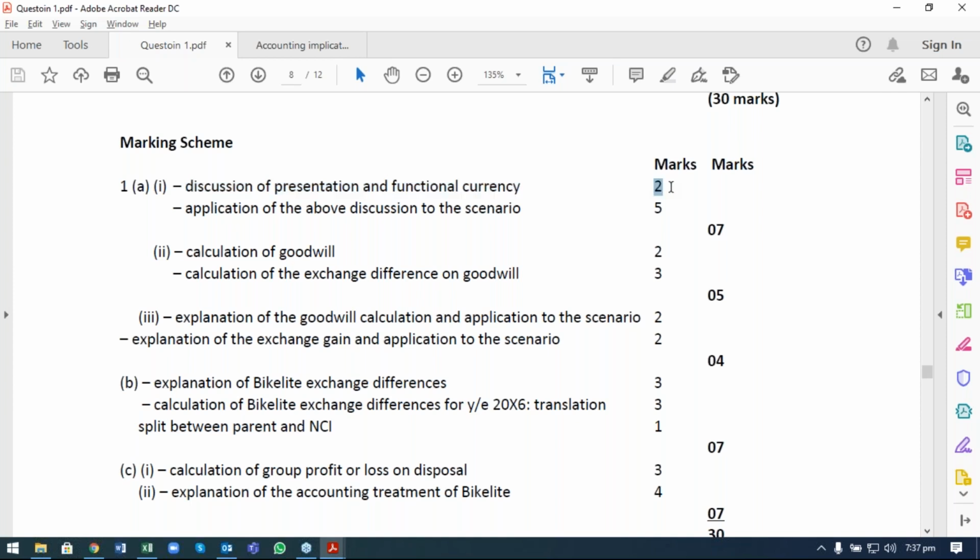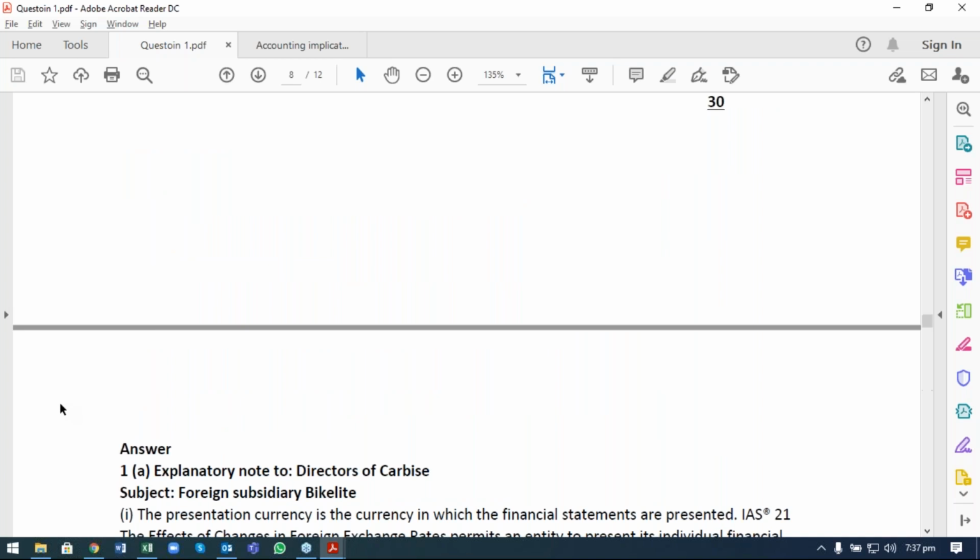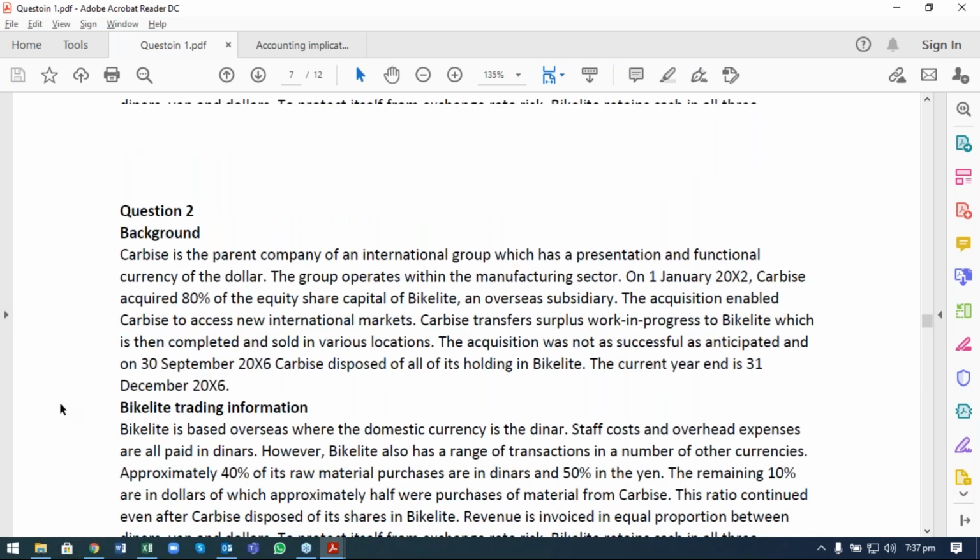So you might be losing 2 marks if you are not discussing what presentation and functional currency actually mean, right? We need to answer the requirement as provided by the examiner, in the way it is asked. This will give you better insight into how you're answering the question. So now I'm going to look at the answer. This answer is explanatory notes.